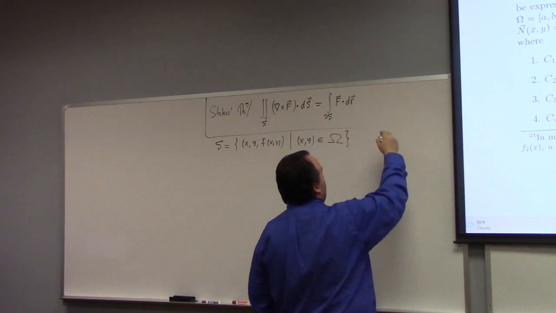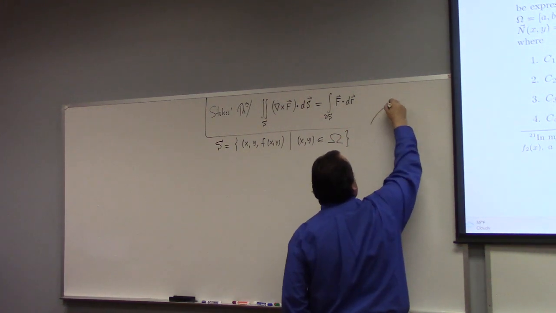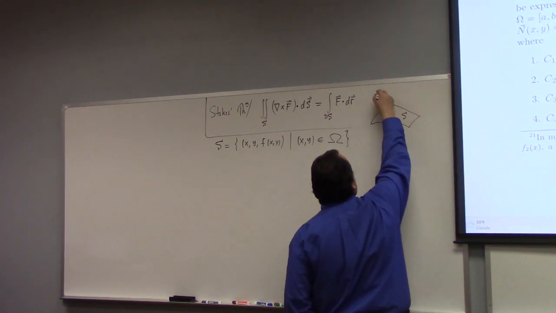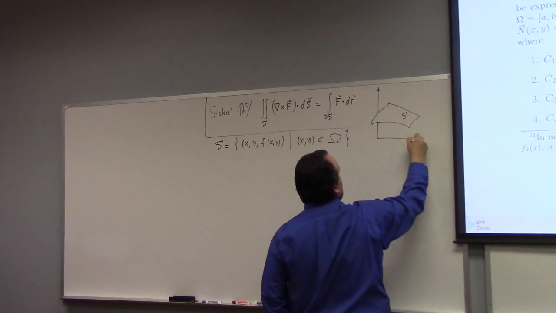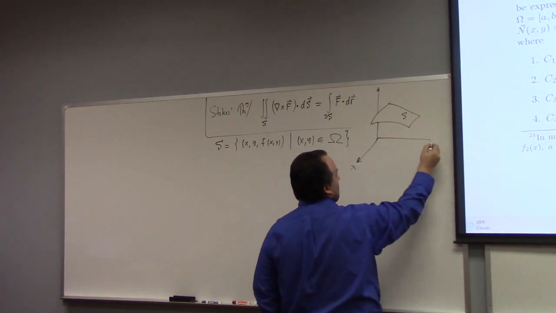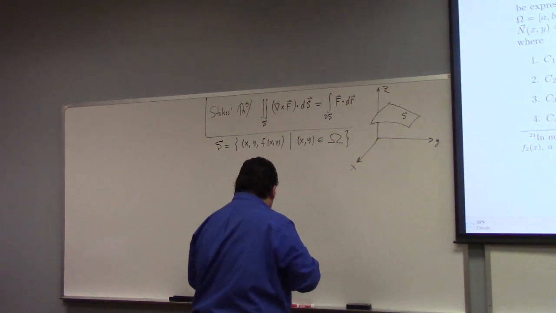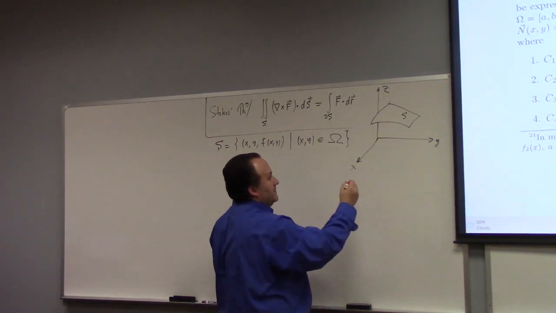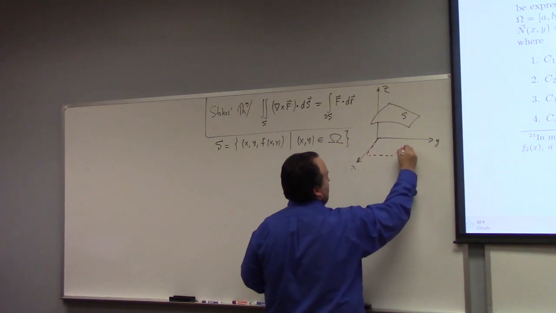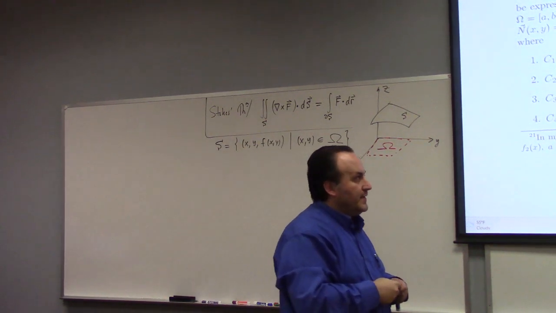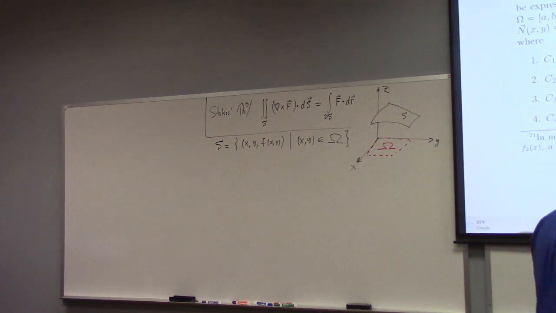So roughly speaking, a picture of what's going on here is this is your graph, and the domain for the parameterization is something you can visualize down here, something like that. What are the specific details of omega?